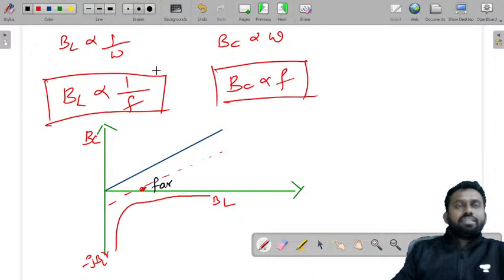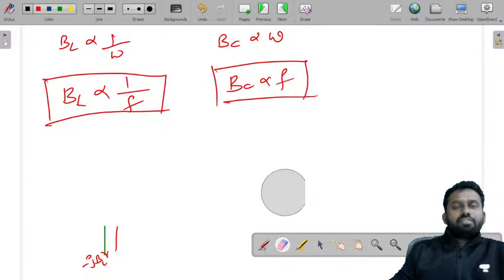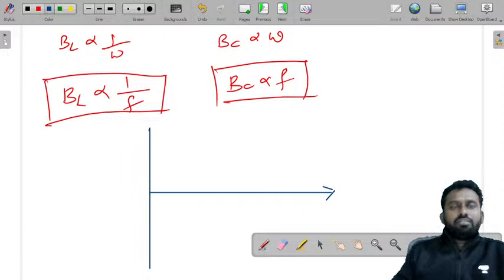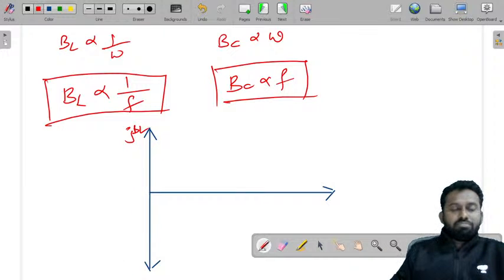Or we can also represent this this way. Just take down B_L. If we take B_L on the top, this is jB_L and minus jB_C.